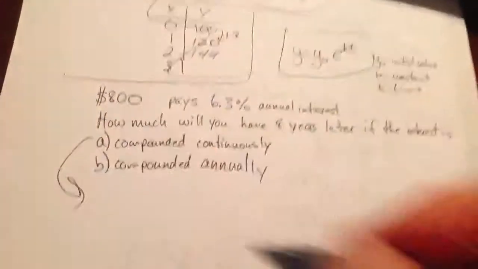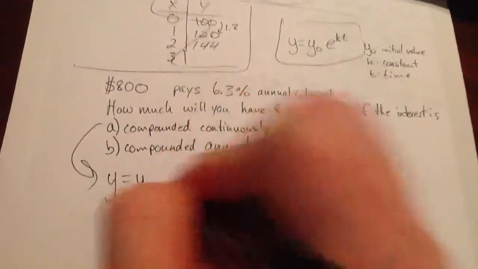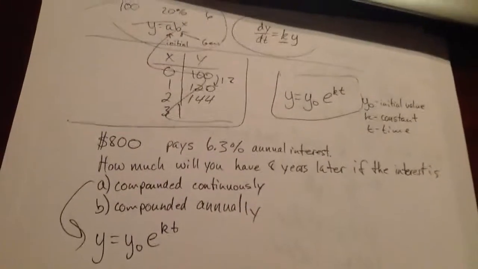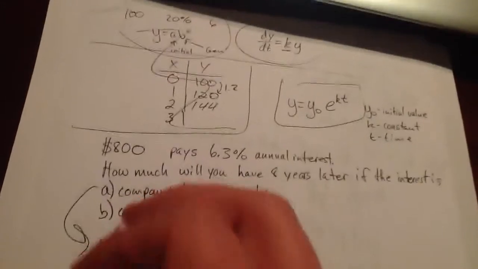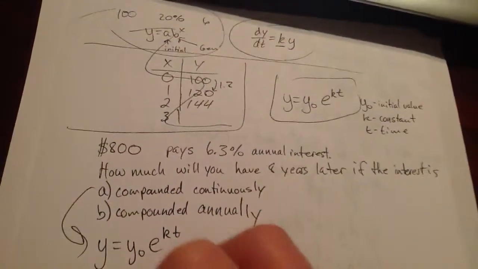So here we go, if it's compounded continuously, we'll do that one first. For that, we're going to use our new equation here: y equals the initial value times e to the kt. All we have to do is plug stuff in and go for it. Y, how much will you have? That's y, so we don't know that. Our initial value is 800.